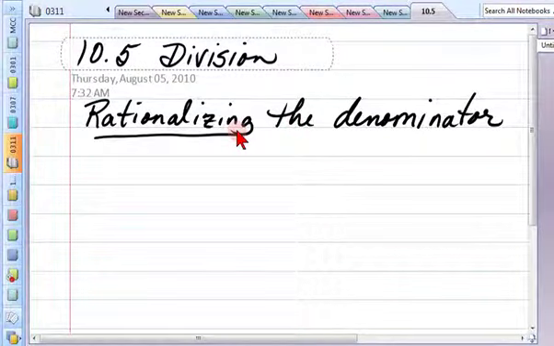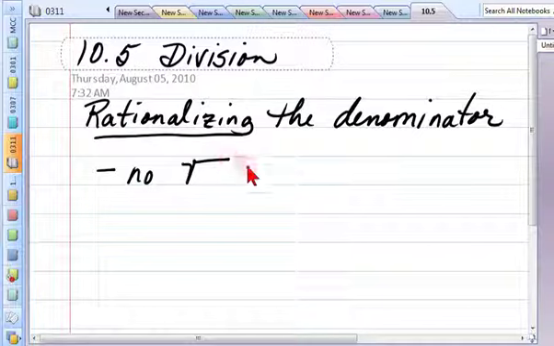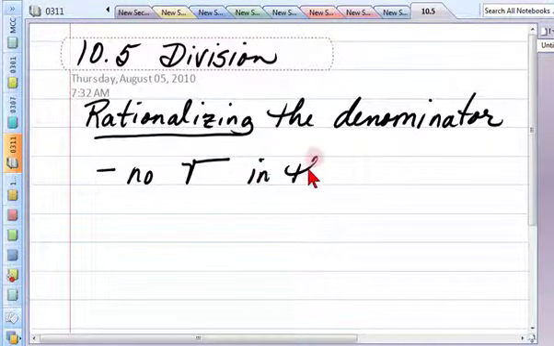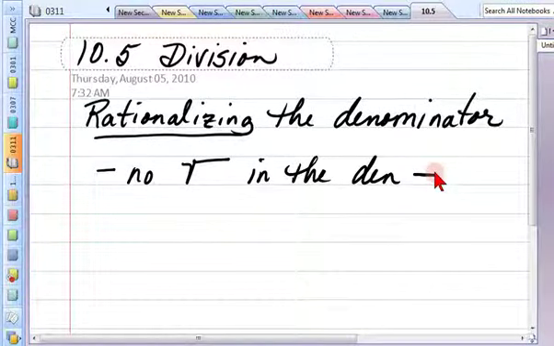Now, rationalizing is to make rational. So we're going to have a rule: no square roots in the denominator. We can only have rational numbers in the denominator.